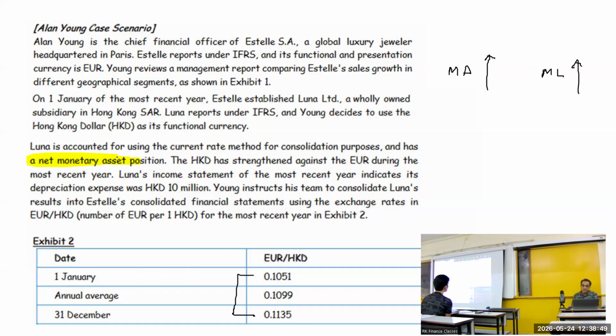So net we have monetary assets, that means monetary assets are more, and because they are more, they are going to appreciate more. Assets go up, good or bad? Good means gain. It is a remeasurement gain that will go in the income statement if you are using the remeasurement method.